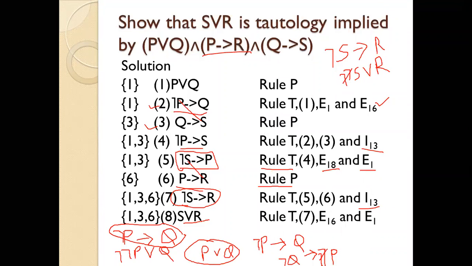So you are left with S or R. So S or R is tautologically implied from the premises these three. So S or R is true. जो भी हम premises लेते हैं, we consider that these three premises are true. So using these three premises, we have achieved S or R. So this is also true, which is a tautology.